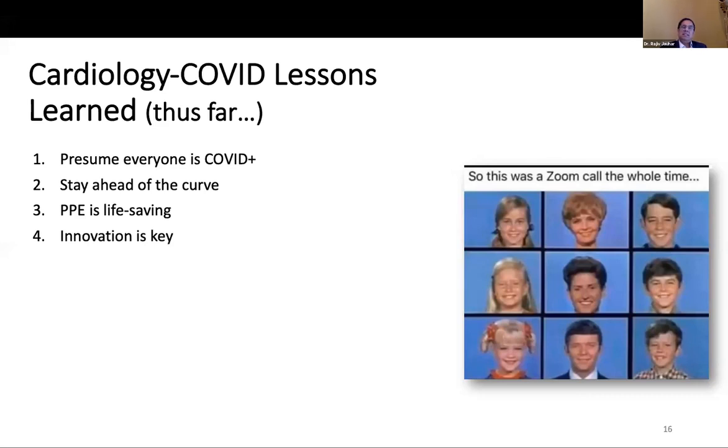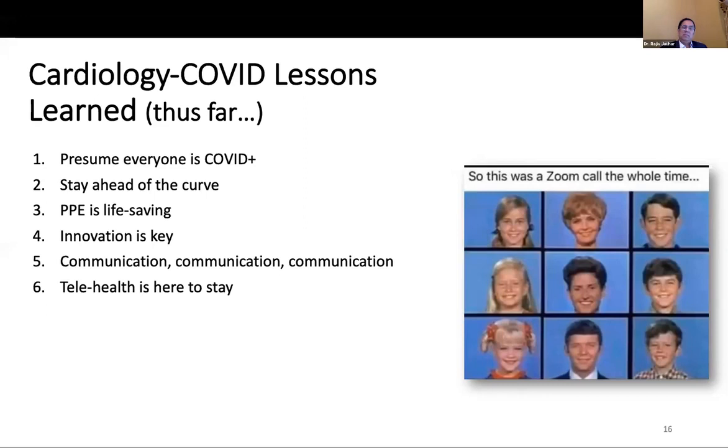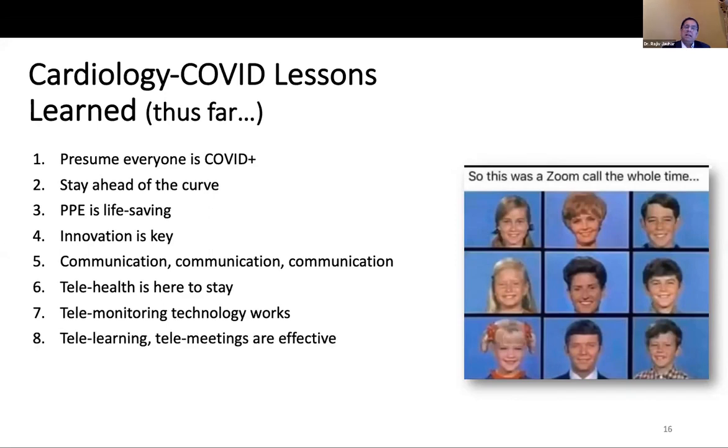Innovation is key in this situation, as you can see with telehealth and e-health, which have really taken off, and telelearning. Our fellows conferences are now done with Microsoft Teams, and we do routine lectures across the country with Zoom, like we're doing now internationally.